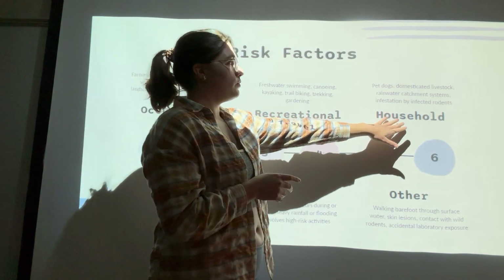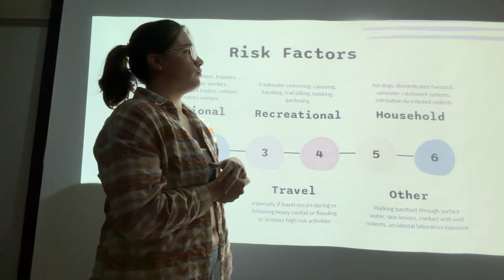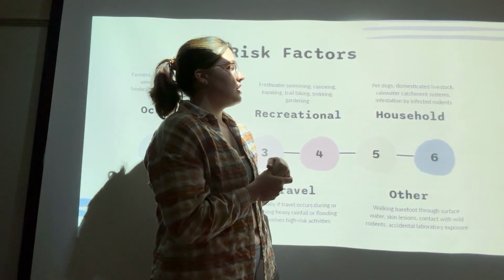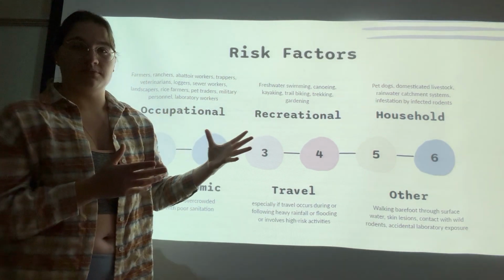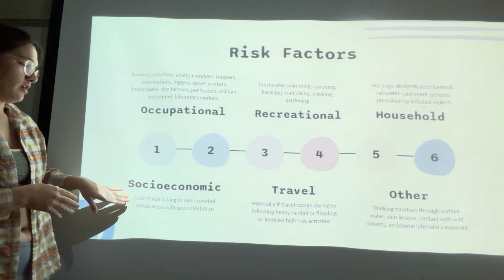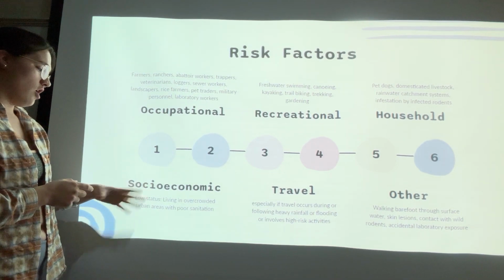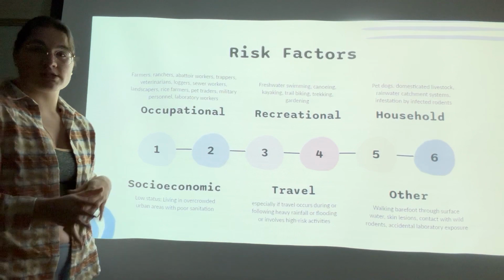And then household ways, if you have pet dogs or livestock, rainwater catch systems, things like that, that could be infected by the rodents. So low socioeconomic status is also associated with this disease if you're living in overcrowded urban areas with poor sanitation.